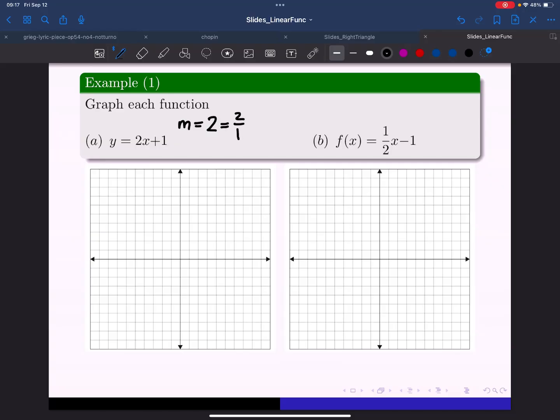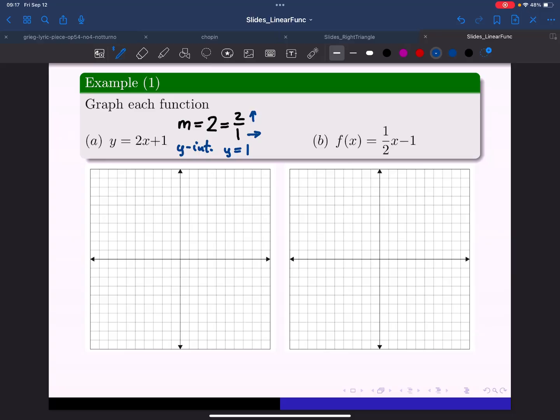That means we're going to go 2 units up and 1 unit to the right. And the second number, not attached to x, is the y-intercept. So the y-intercept, y is equal to 1.